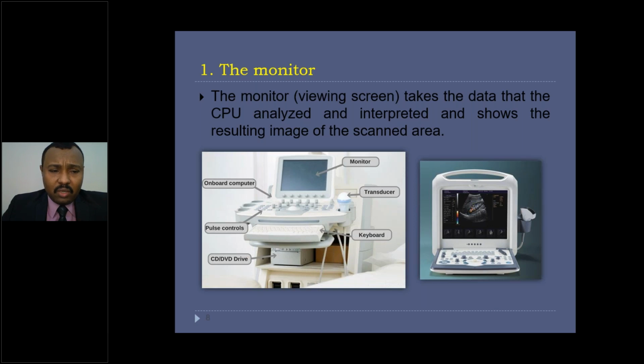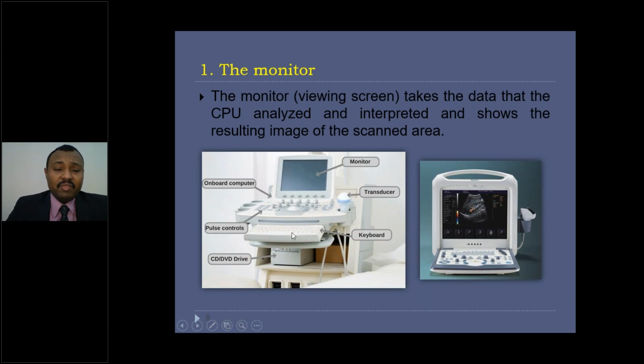Here we have a combined image in this slide. If we concentrate well, we can see this image showing us the main components of our ultrasound machine. You can notice that the arrow here is showing you the monitor, without forgetting another important part, the transducer. The transducer is the heart of the ultrasound machine, which comes in contact with the patient's body during ultrasound scanning.